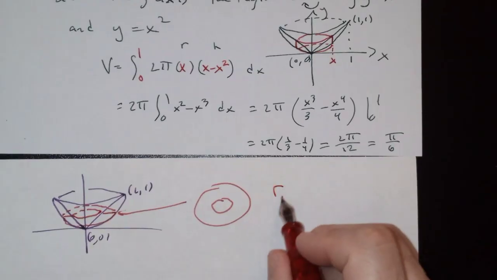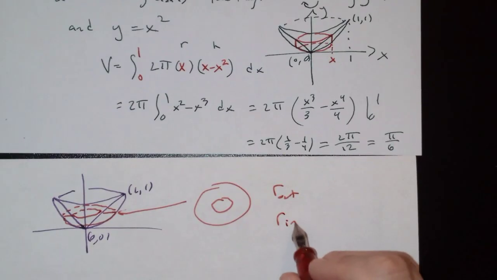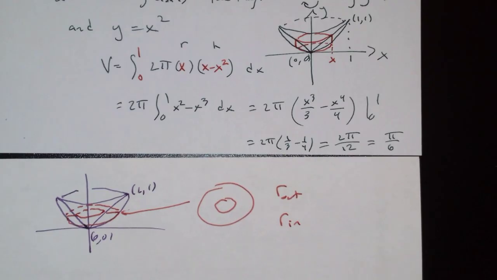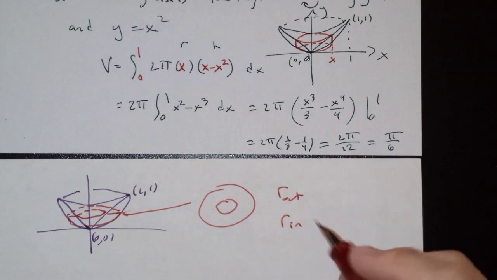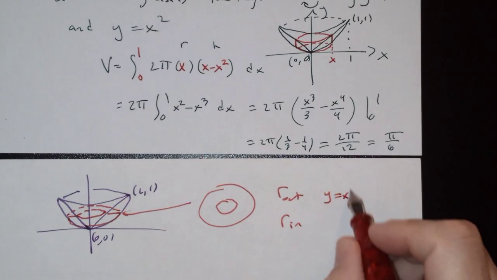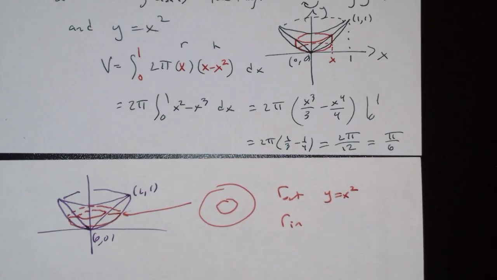There's an outside radius and an inside radius. Which curve is the outside radius? X squared. Except the radius itself is measured horizontally, isn't it? So the radius shouldn't be y, the radius should be x.